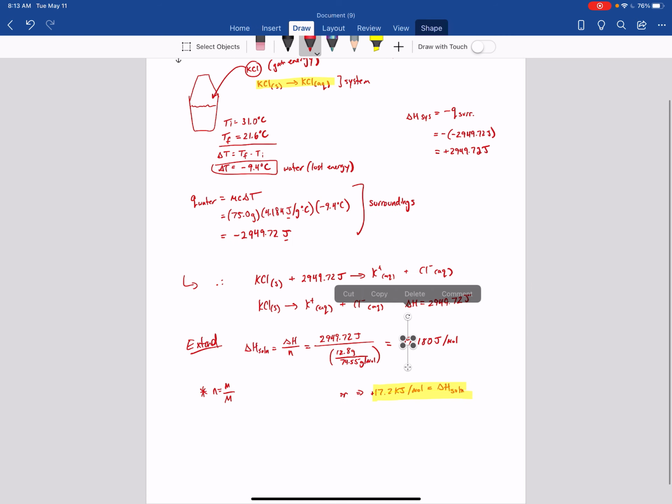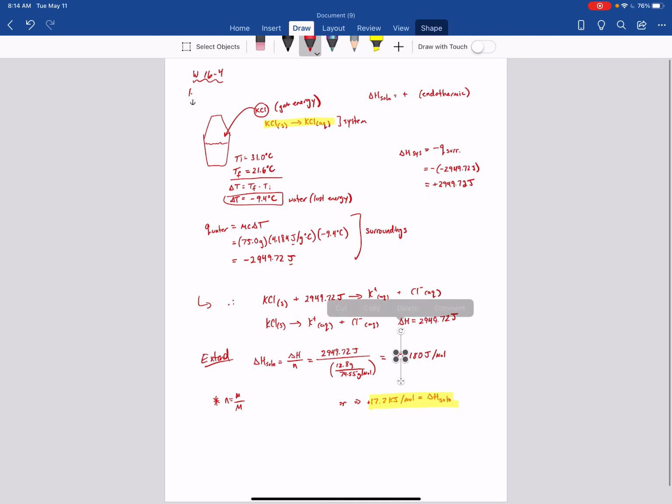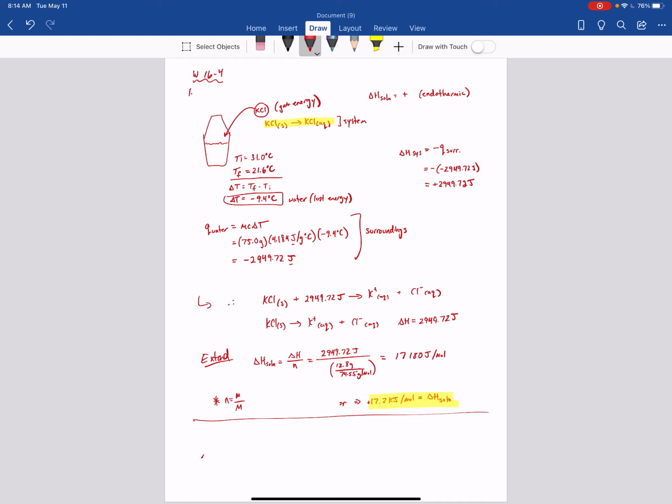You can do it in one step as we talked about before, combining everything together. If we're asked for the molar enthalpy, we can say delta H divided by n. We said delta H is equal to negative Q, over mass divided by molar mass.